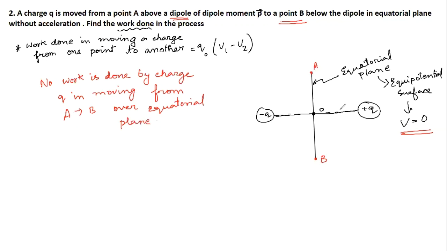At this point you will have potential value 0, and at this point also potential value 0. So you don't have any potential over this plane. If the charge moves from point A to point B, there will be no work done. Therefore no work is done.